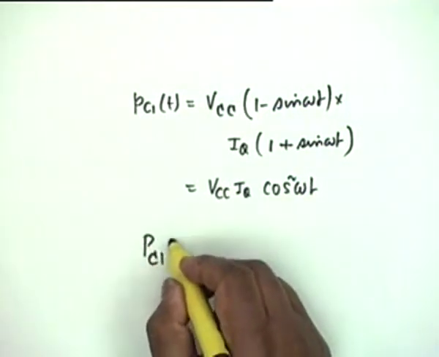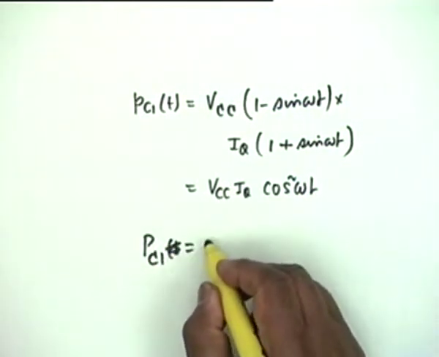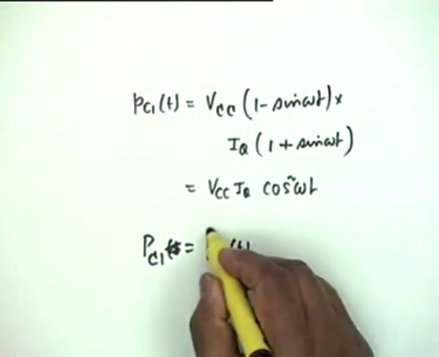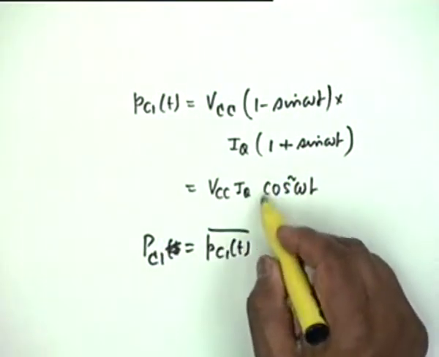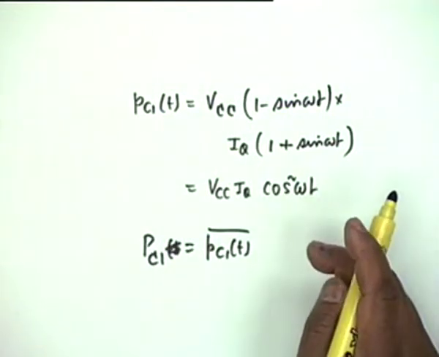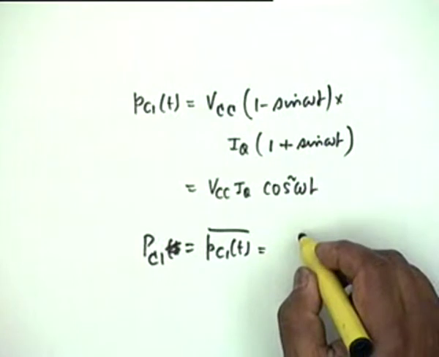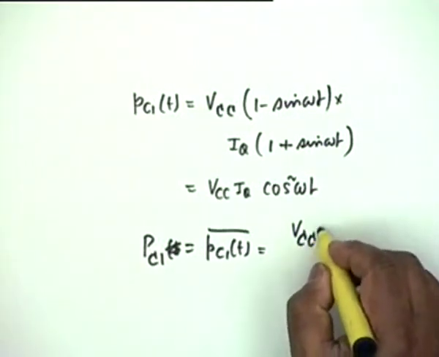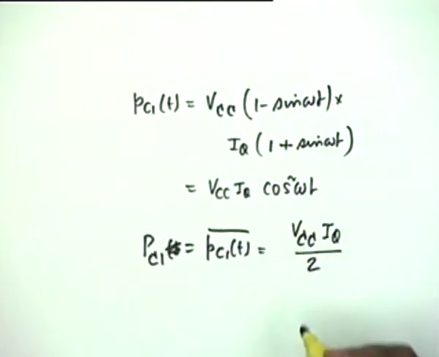And if you take the average value of this, PC1T average, if you integrate this with respect to t and divide by capital T, what do you expect? What would be the value? VCC IQ divided by 2. All right.